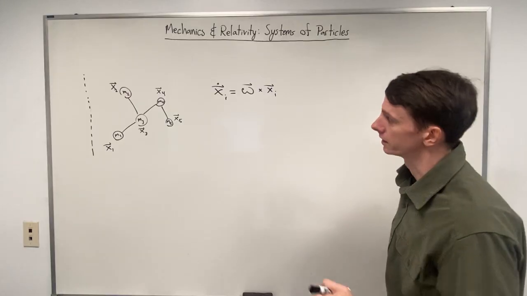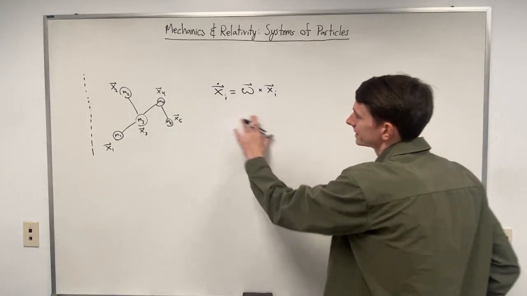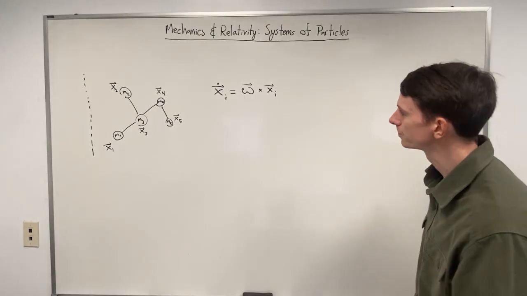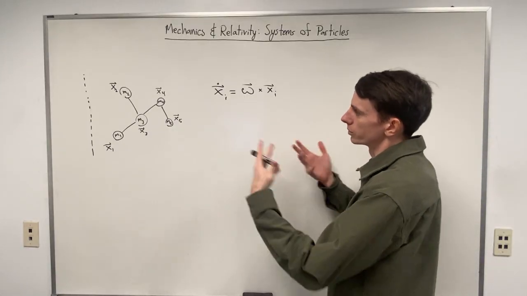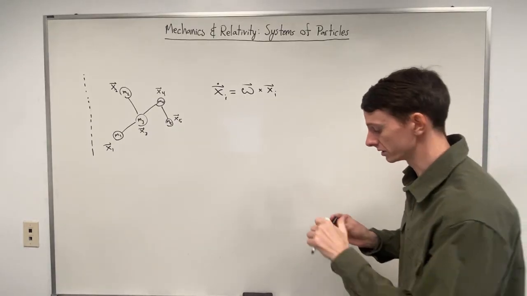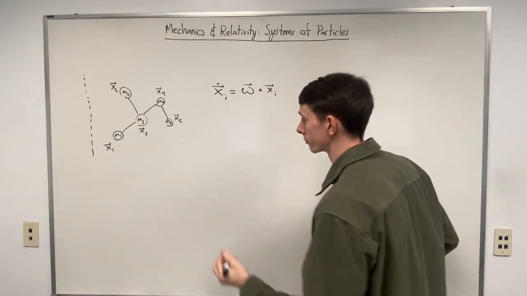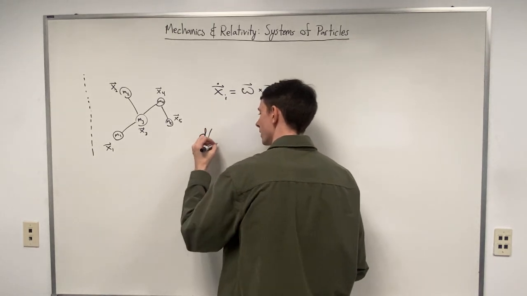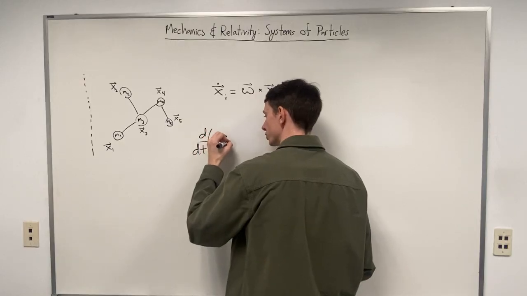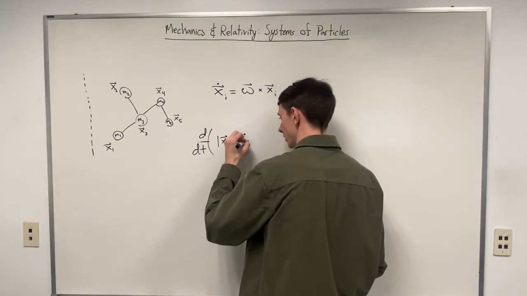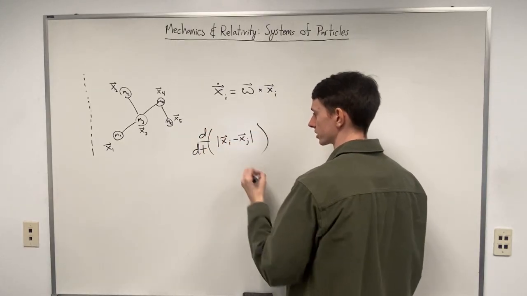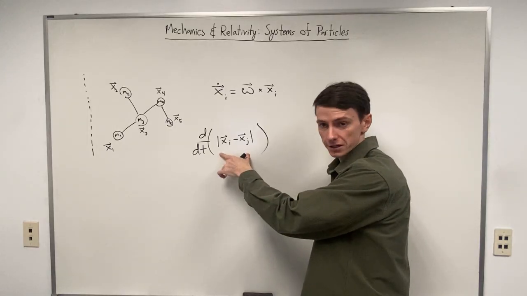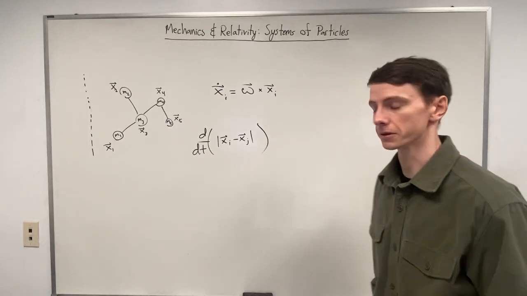The second thing is just to show that this definition relating the linear and angular velocity vectors upholds the natural property of rigid bodies. What I mean by that is that if I were to take the time derivative of the relative position between any two particles, the absolute magnitude of xi minus xj, and this quantity is really fixed, then the time derivative should go to 0.